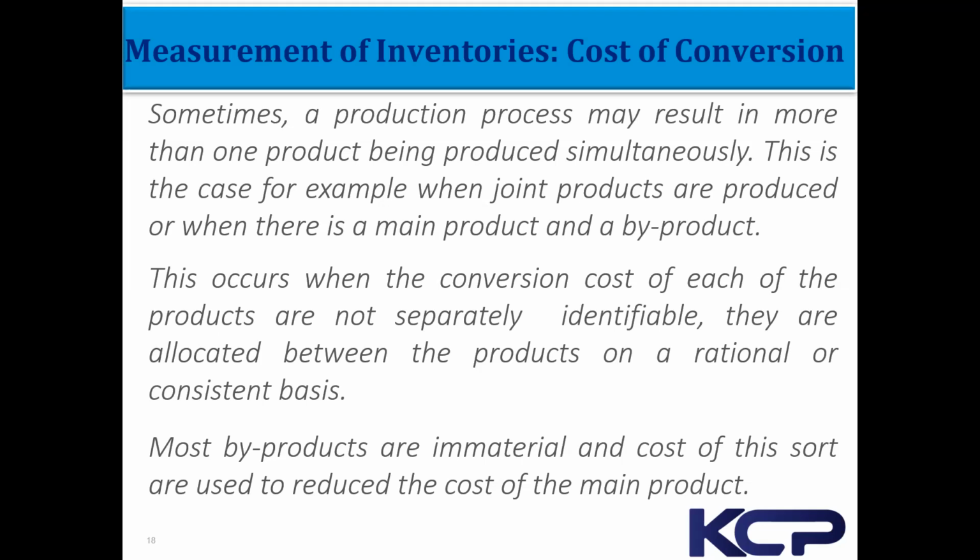But if there are two main products and there are distinct ways to attribute the cost to each of the main products, then that one can just be accumulated separately. Otherwise, if it cannot be accumulated separately, such that the output just came up and we cannot say exactly this is what relates to this one, this is what relates to this one, what then do we use?